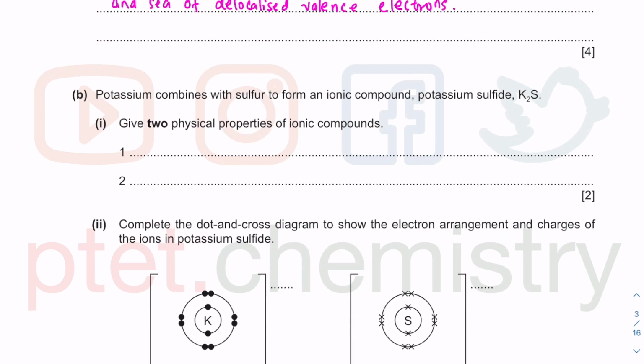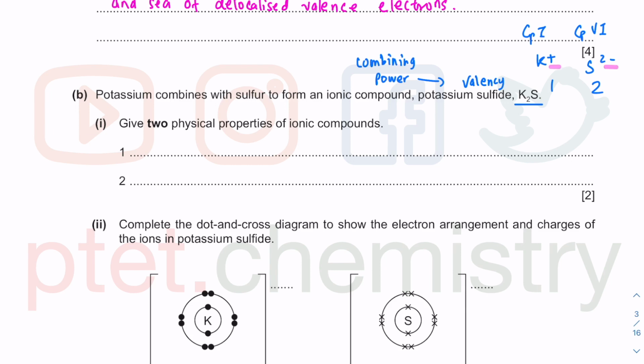So potassium combines with sulfur to form an ionic compound. So this is K+ from a group 1 metal. And then you have a group 6 nonmetal, S2-. When we look at valency, it is what you call the combining power. So the combining power of these group 1 and group 6 nonmetals is going to be 1 and 2.